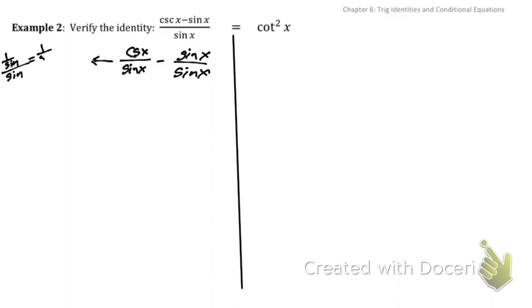Well, that's the same thing as 1 over sine times 1 over sine. So our cosecant over sine x is just going to be 1 over sine squared x, minus 1. Well, 1 over sine squared x is really just cosecant squared x minus 1.